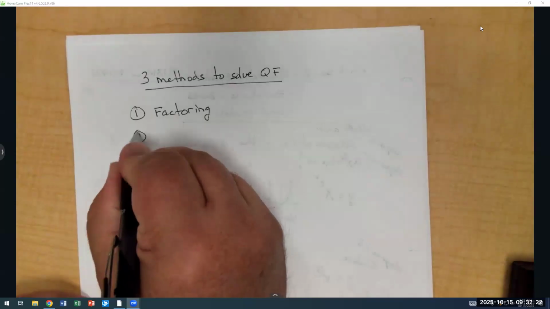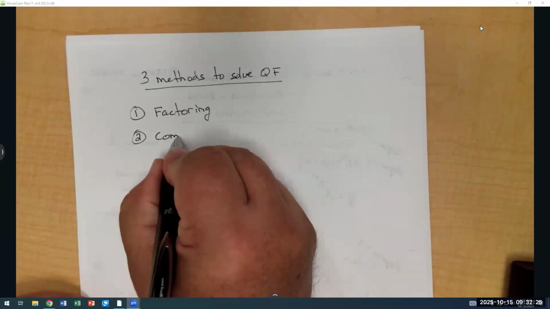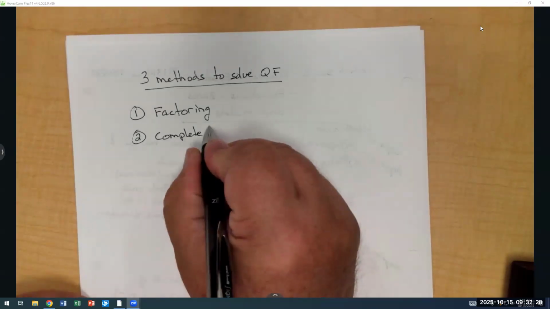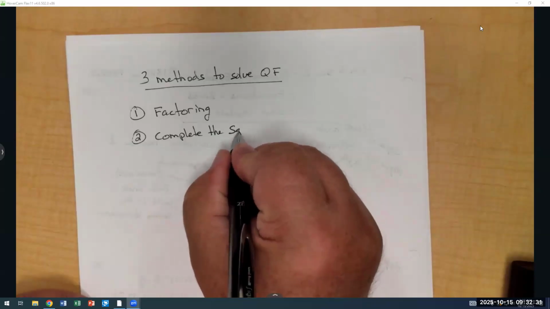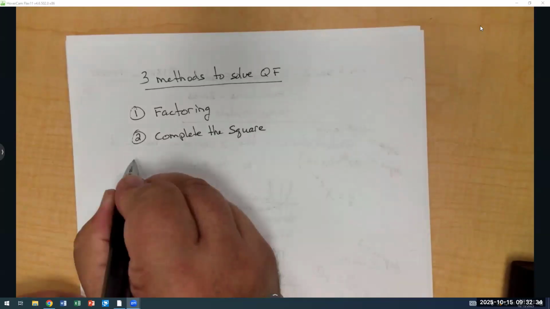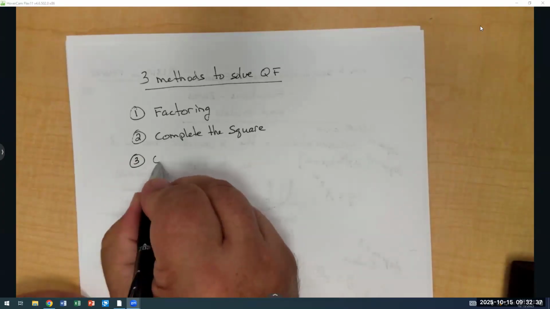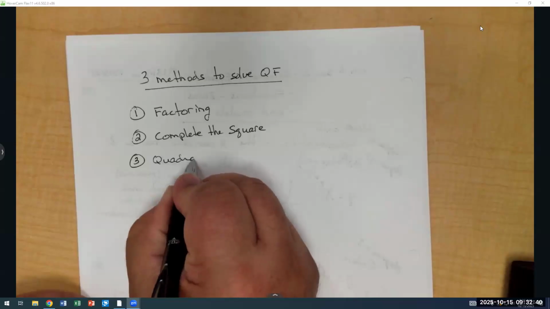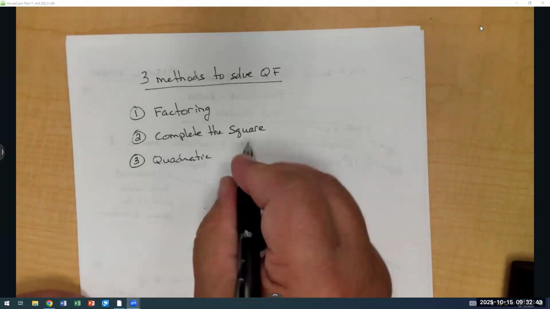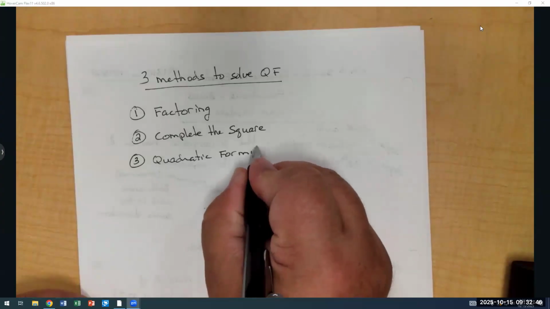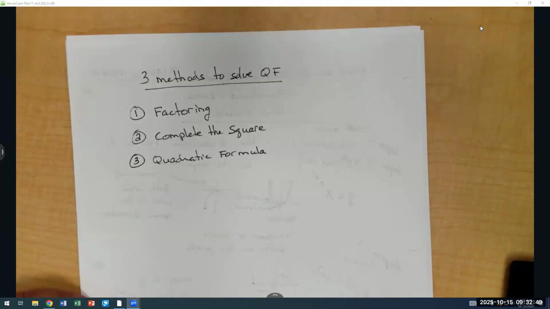The second method is by completing the square. And the third is the quadratic formula. There's not one method that's better than the other. It's just whatever is easiest at that point to solve what you're looking for.